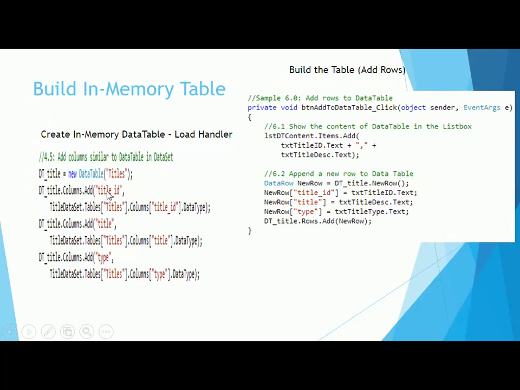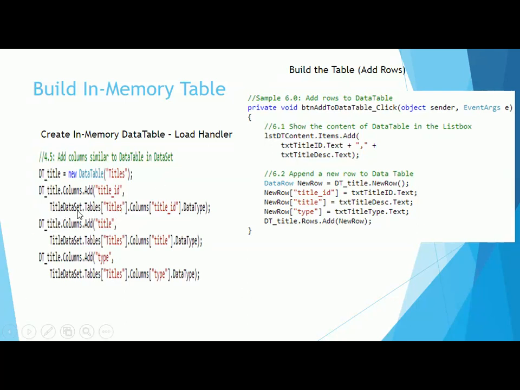If you see, the column names match the data table which is present in the data set filled by the data adapter. I am naming the columns the same so that it will allow the merge. Then the data type also I want to match with the destination one that already exists in the data set. So that's what I'm doing.